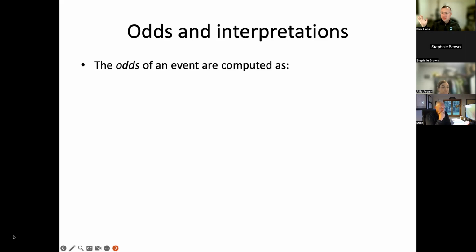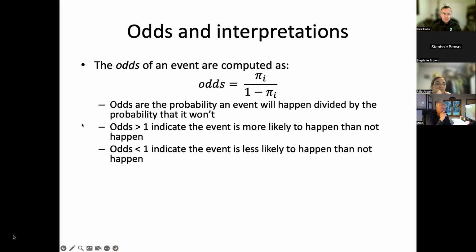For some reason, they make them different. And I'm a statistician and I can't seem to understand why the money line looks the way that it does. They just represent them in a different way. But for our purposes, the odds of an event, let's call that event I, are the probability that I happens divided by the probability that it doesn't.